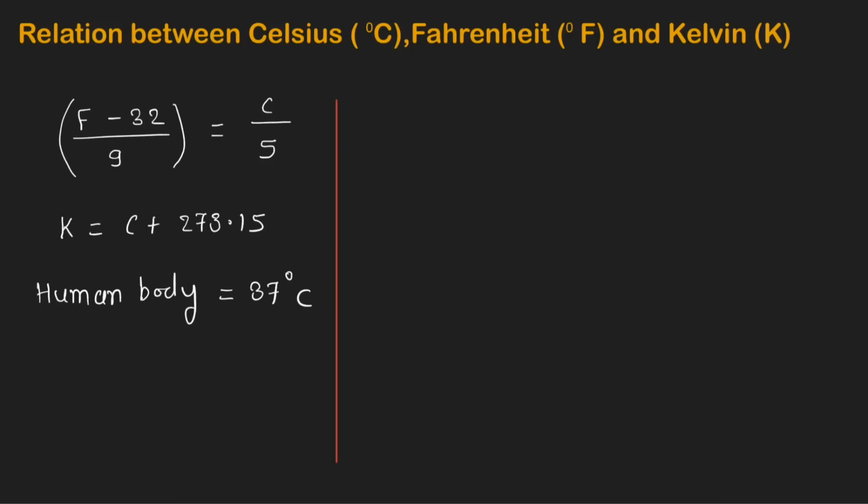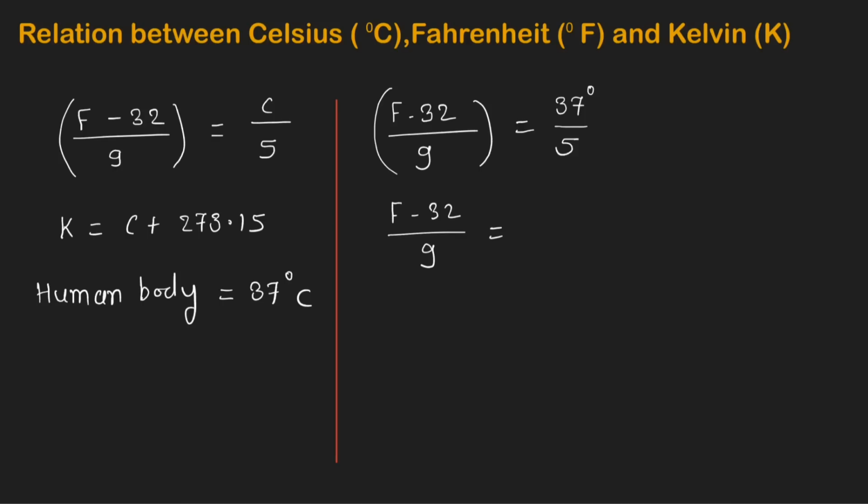Now if we want to know the normal human body temperature in Fahrenheit, we can use this formula: (F minus 32) divided by 9 is equal to, we know the Celsius temperature of the human body, that is 37, divided by 5. By calculating we get (F minus 32) divided by 9 is equal to 7.4.